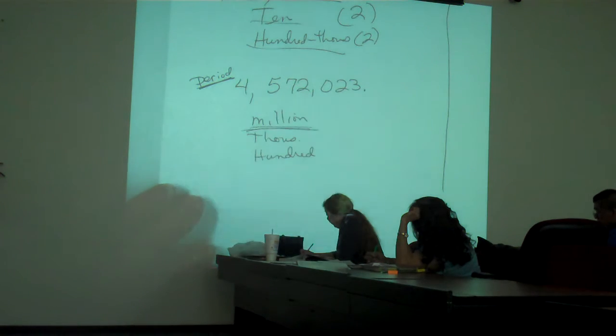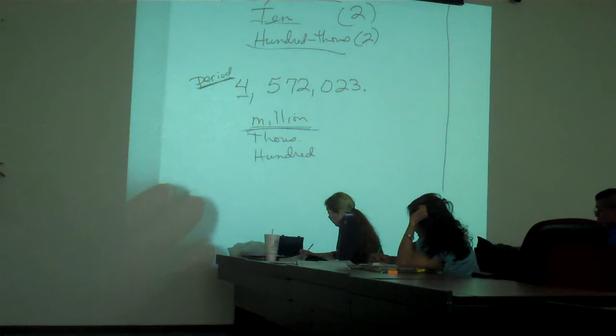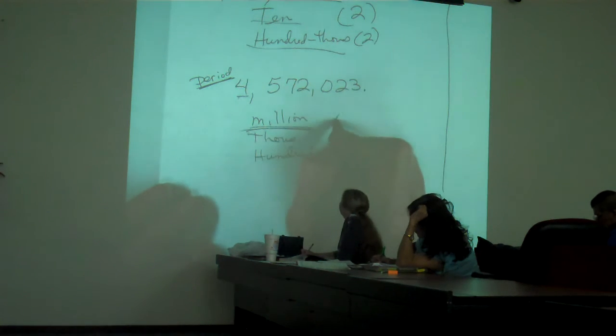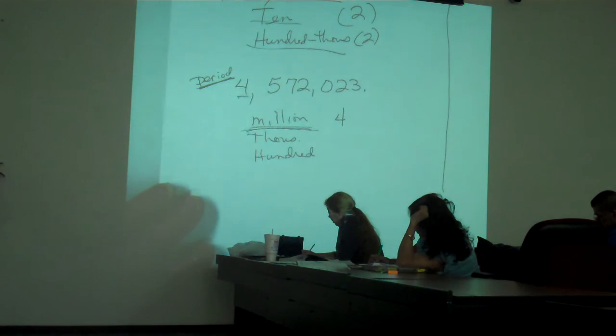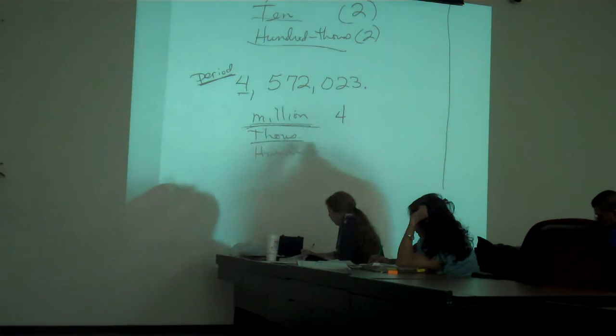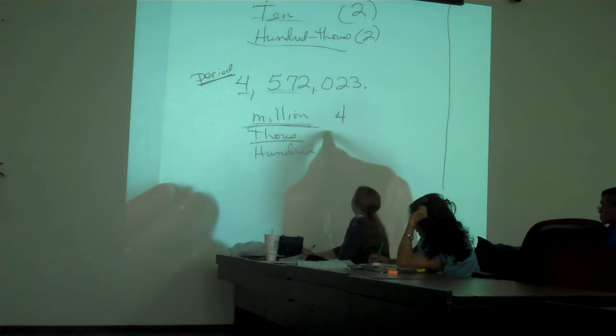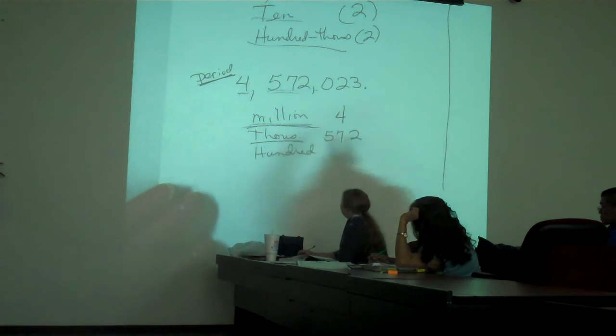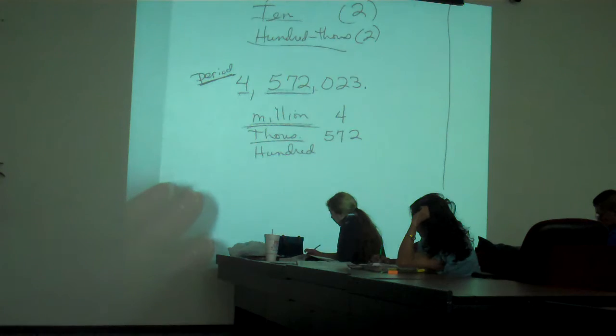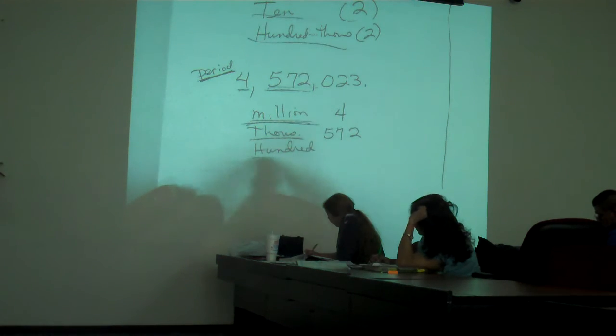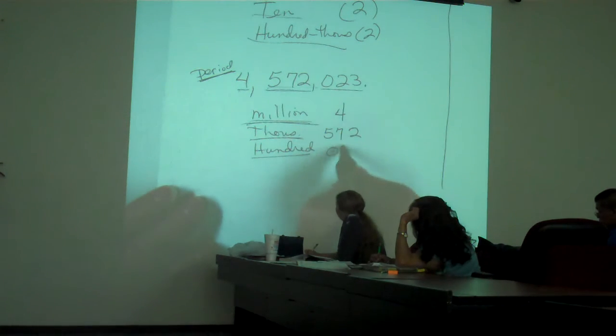All the numbers in the millions period is just the 4, right? So 4 would be the digits for that period. The thousands, you need all 3 of those numbers, 572. The hundreds period is 023.